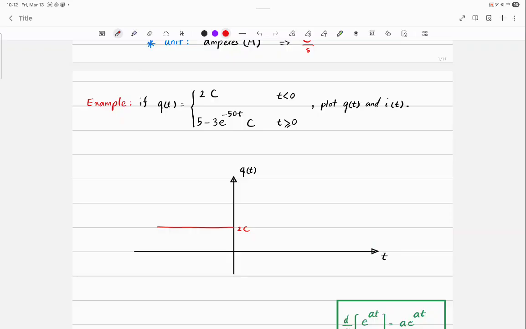What's that? 0, okay? I want you to remember that: e to the power of a very big negative number is 0, okay? So the exponential term goes to 0. What you're left with is 5. Right?